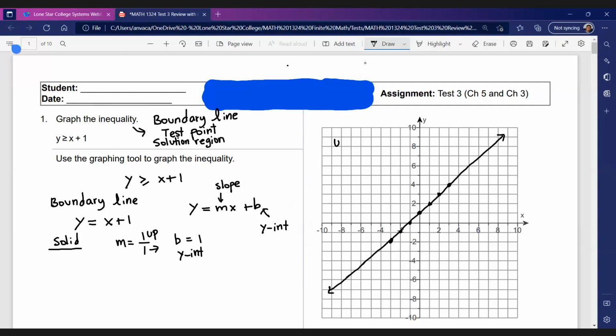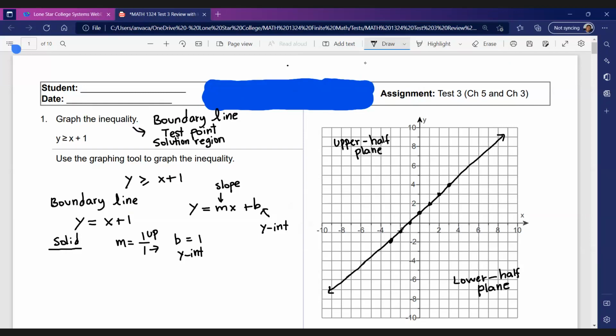Call this the upper half plane, and then down here, we can call this the lower half plane. One of these two areas will represent the solution to this inequality.